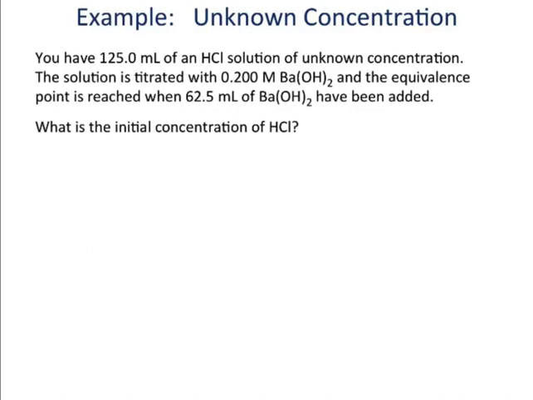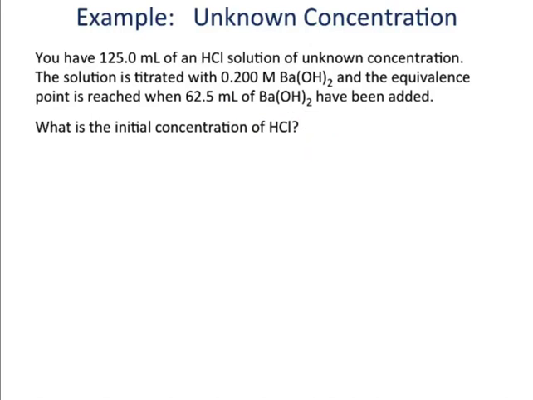Okay, so we're going to roll through these three types of examples. I'm going to try to do it a little fast because you've already learned this before, and this is hopefully just a refresher. All right, so we have 125 mils. We have the strong acid HCl. Don't know the concentration, but you do know the concentration of barium hydroxide and the volume of barium hydroxide that you add to reach equivalence.